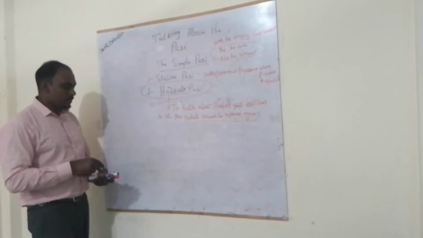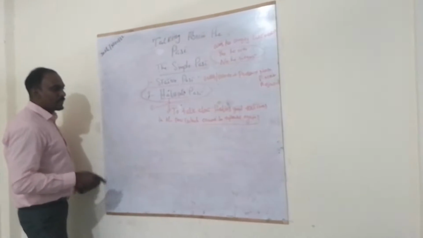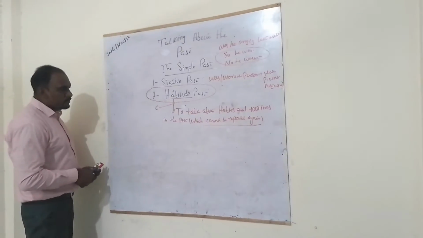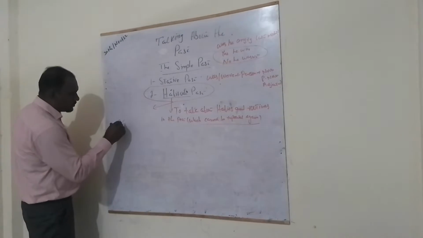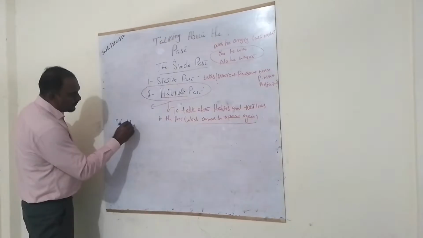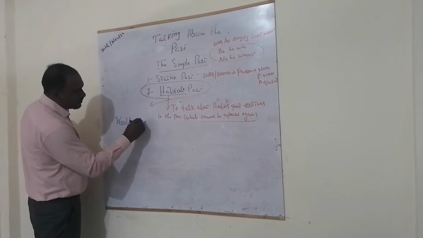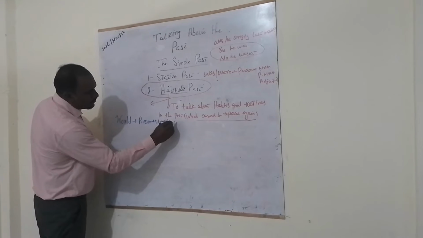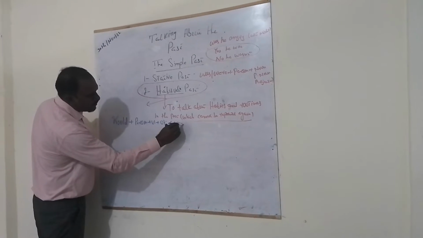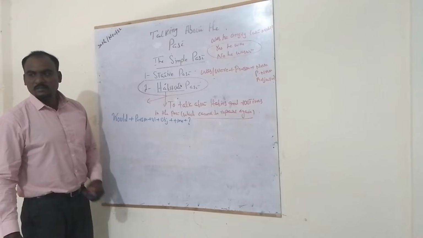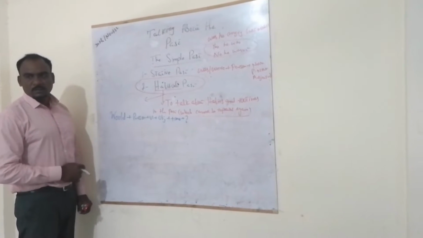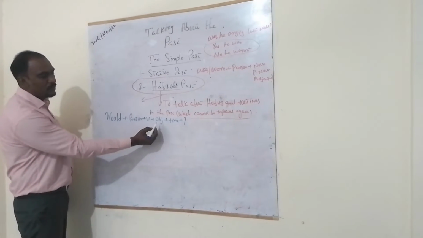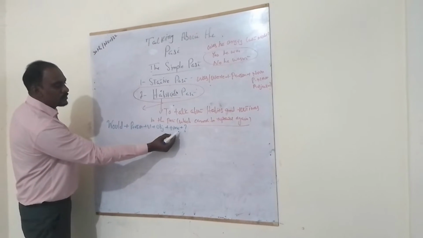okay, formula. Write down the formula. The formula to describe these things is very simple. Would plus person plus V1 plus object plus time plus question mark. Would, person, V1, object, time.